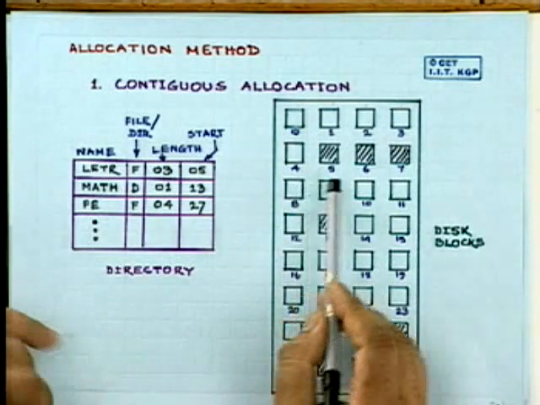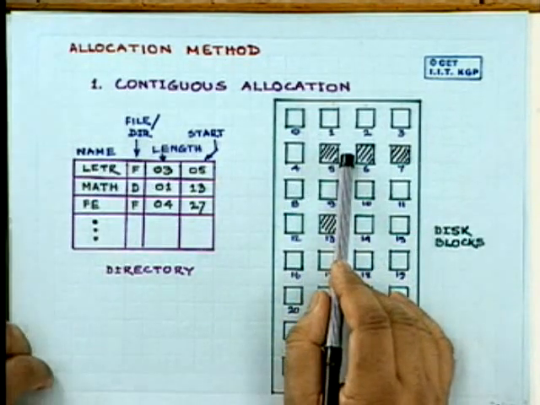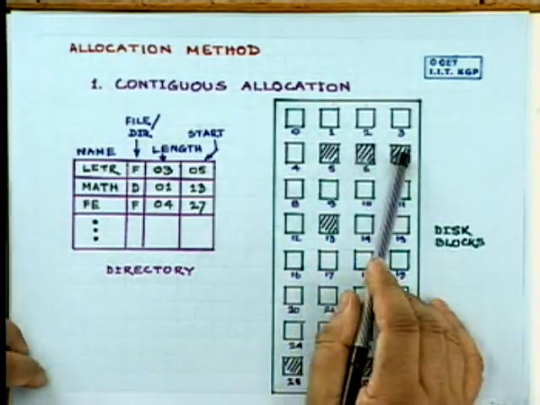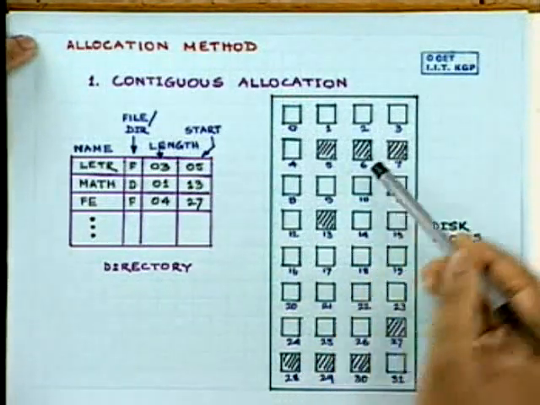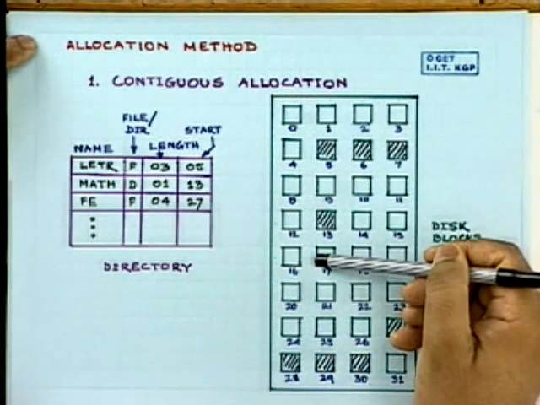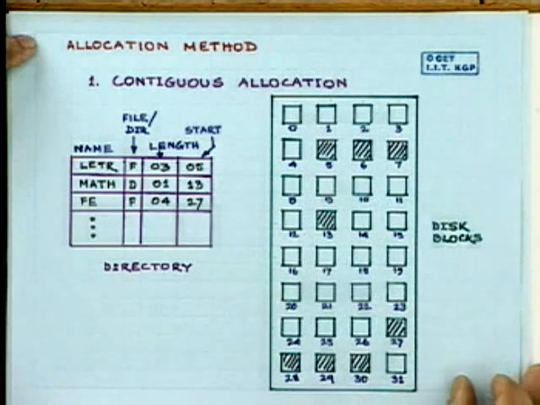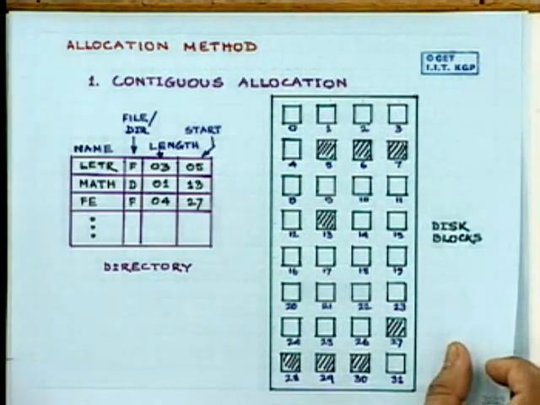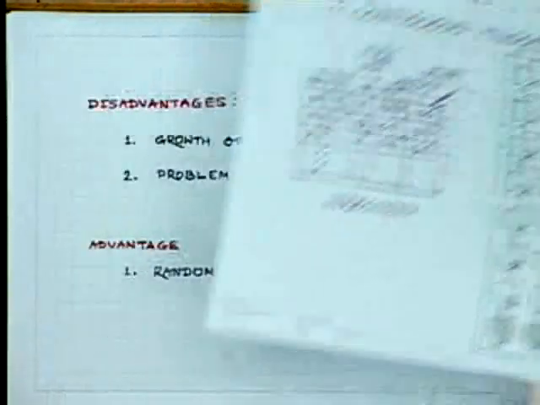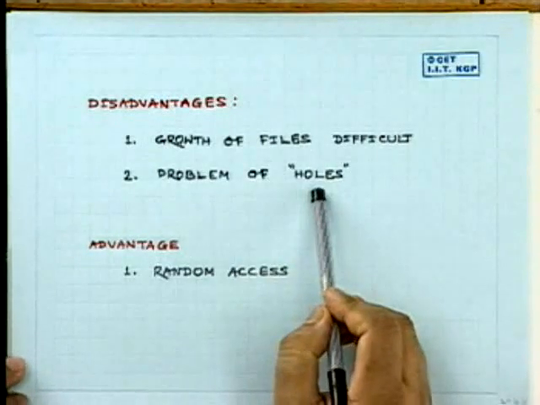Therefore a good amount of work is involved if we want to make this file grow. Possibly it has to be shifted to some other vacant place, and only then can it be extended.